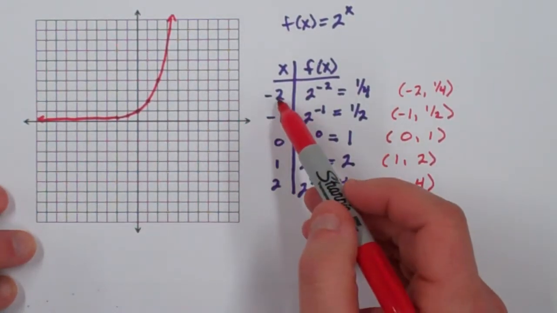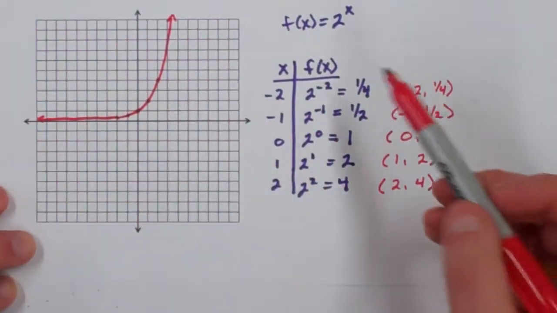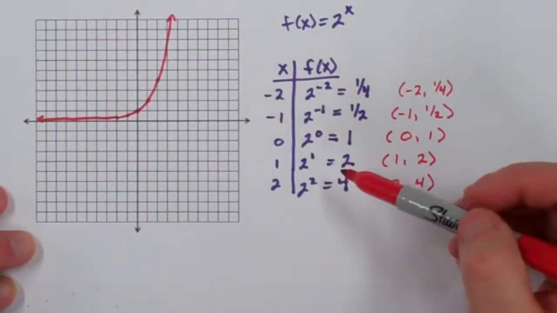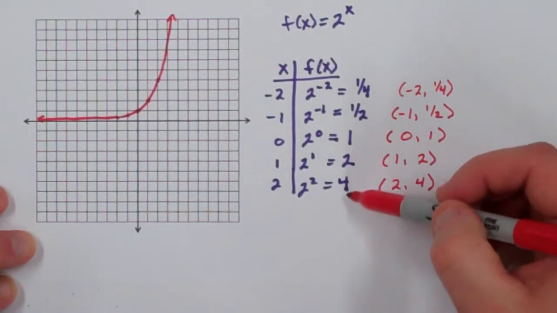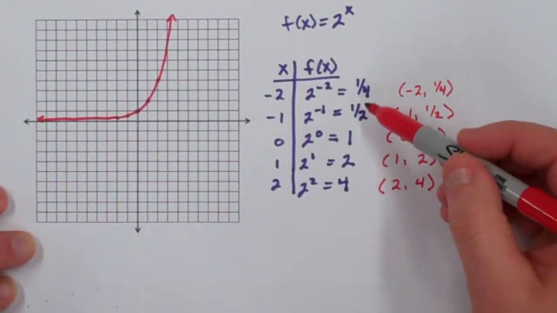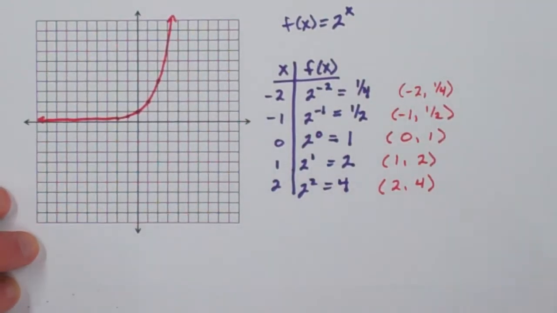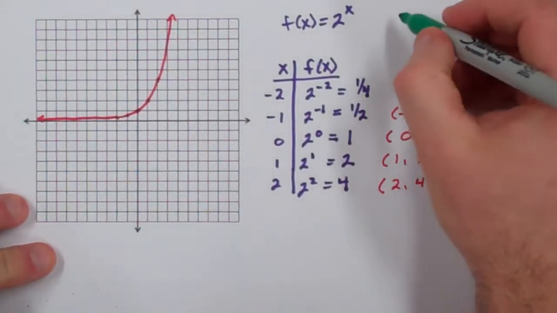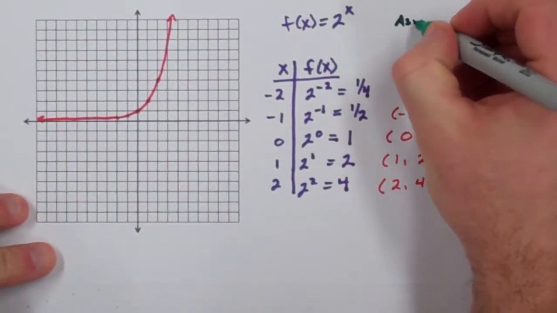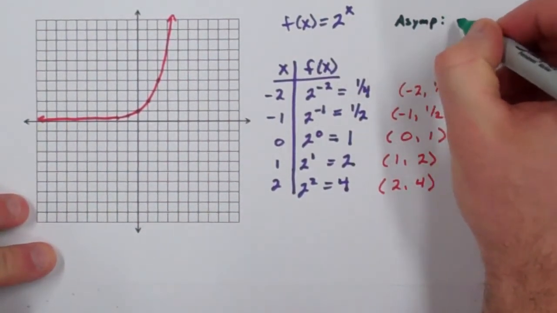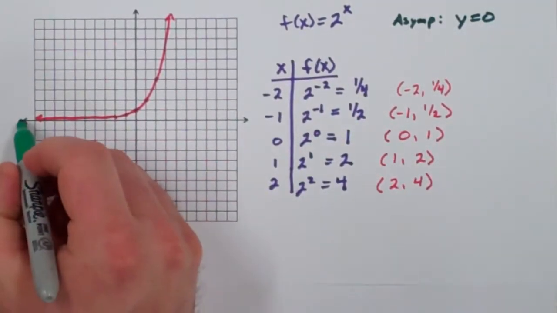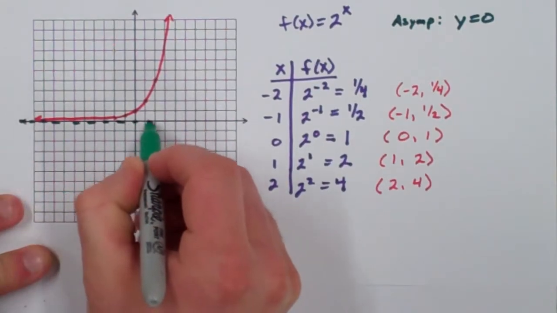Now you can see that as x gets more negative, these values, so if we look from bottom up in this case, these values get close to but can't exactly reach 0. So if you want to draw an asymptote, you can draw your asymptote here. So this is an asymptote at y is equal to 0. That's the equation of this line right here.